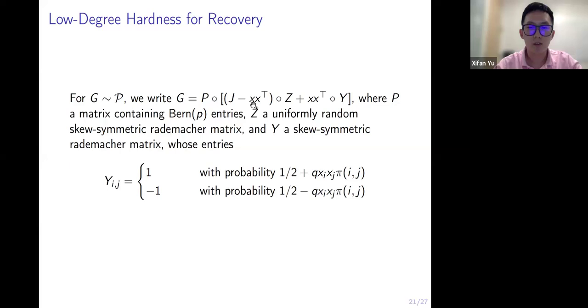And X is, as defined earlier, the indicator vector of the community. And Y is a skew-symmetric Rademacher matrix whose entries are more likely to align with the hidden permutation, with the latent permutation on the community S.